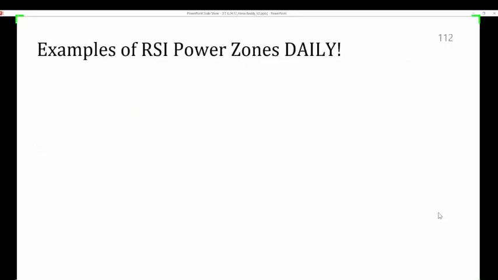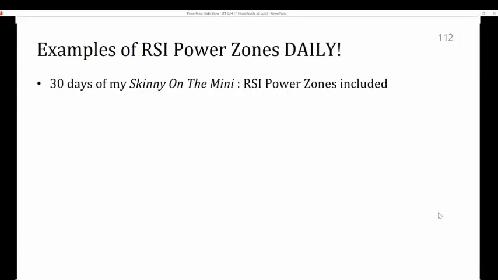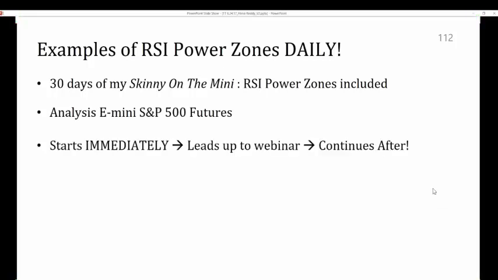Now, this workshop's July 11th, and today's June 24th, so you're going to get examples of the Power Zones daily: 30 days of my Skinny on the Mini, right? I still write it. Remember, I've been writing it for 12 years, and every single day my Power Zones are included in there. And now you get analysis of the S&P futures, starting immediately on Monday.